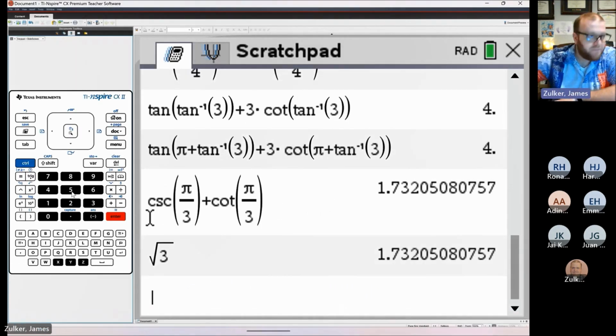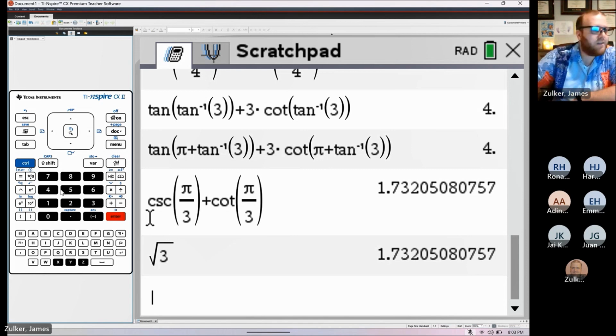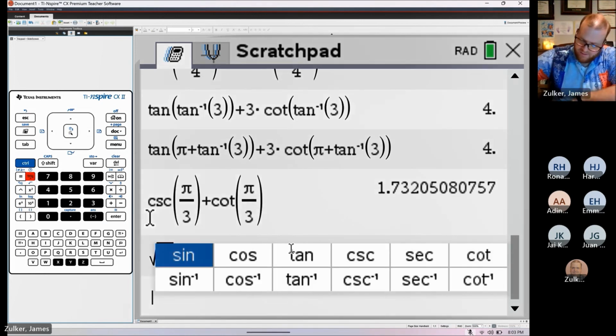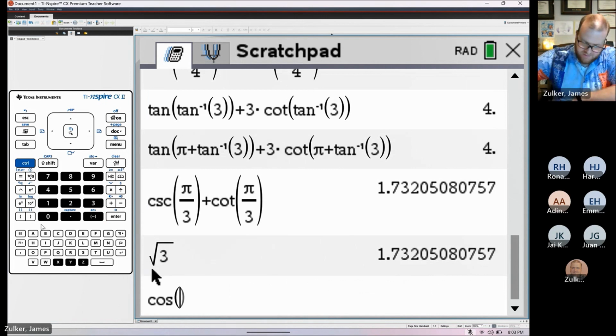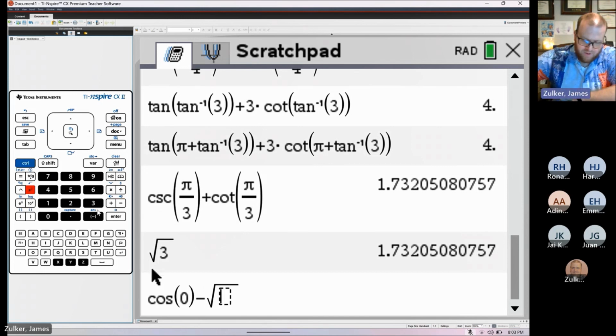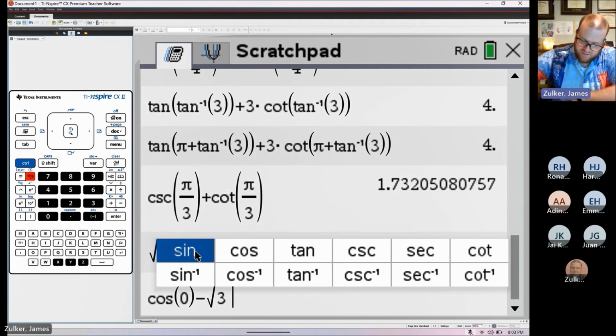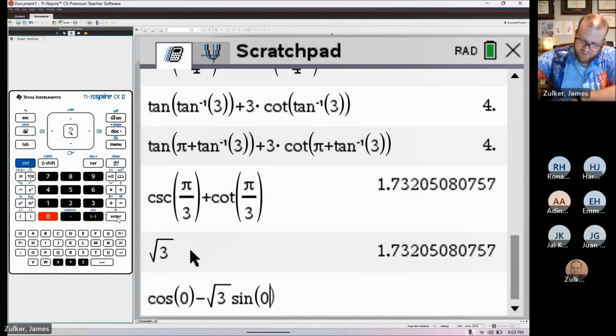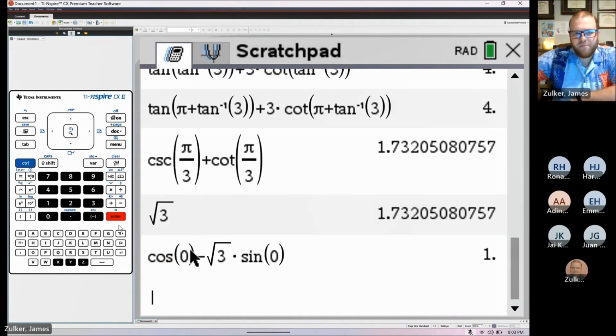All right, so let's check them out. 0 clearly works. So at 0, we get 1. That works.